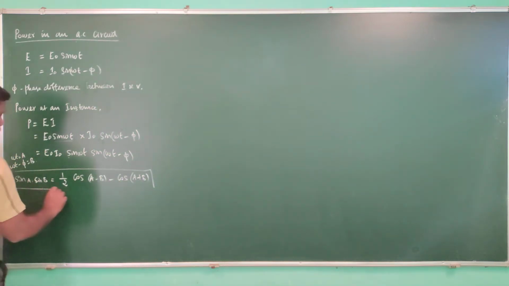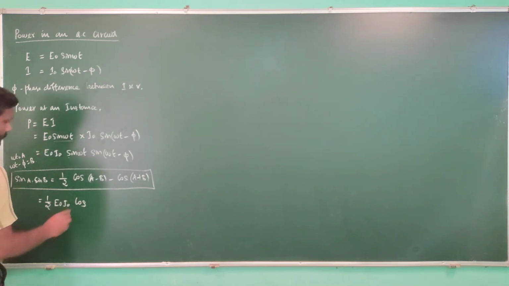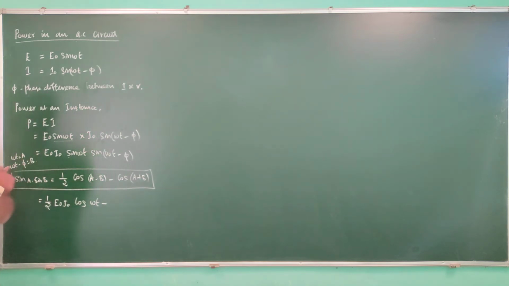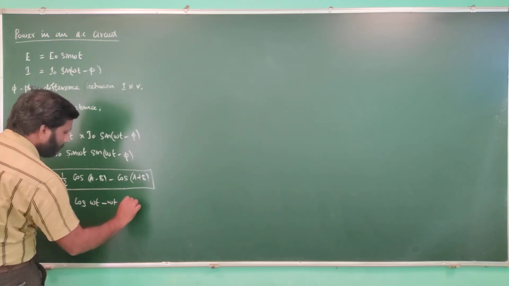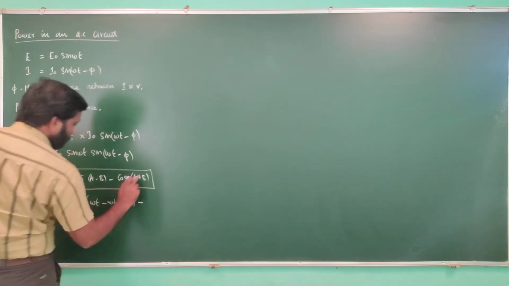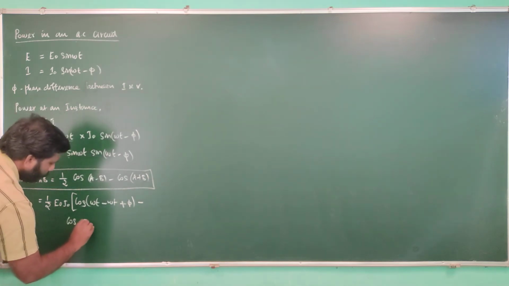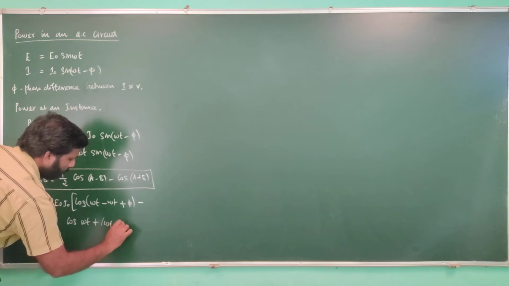If you apply this formula here, it becomes 1 by 2 E naught I naught, cos of A minus B, where A is omega t and B is omega t minus phi, so omega t minus omega t plus phi, minus cos of A plus B, where A is omega t plus omega t minus phi.